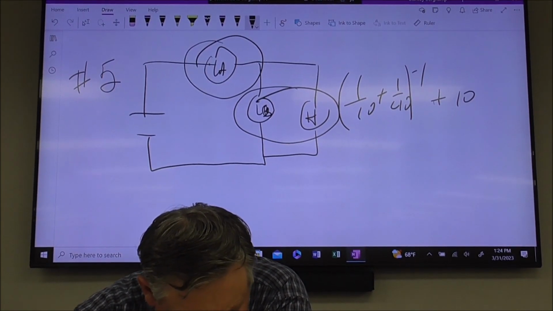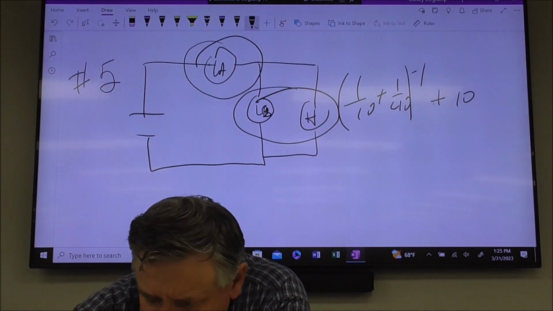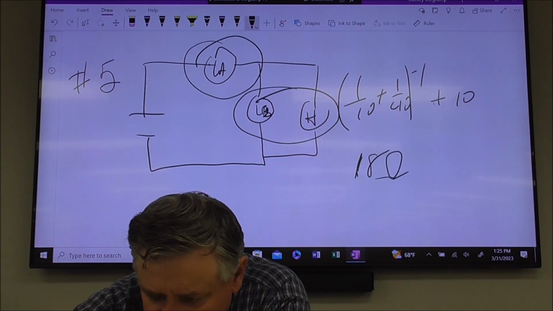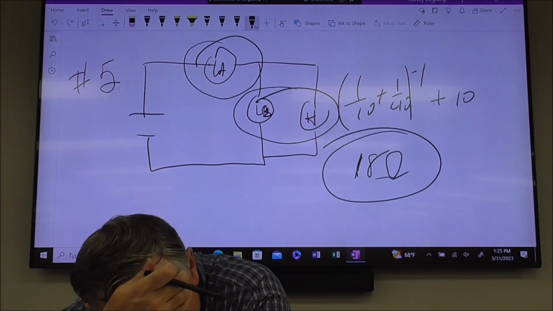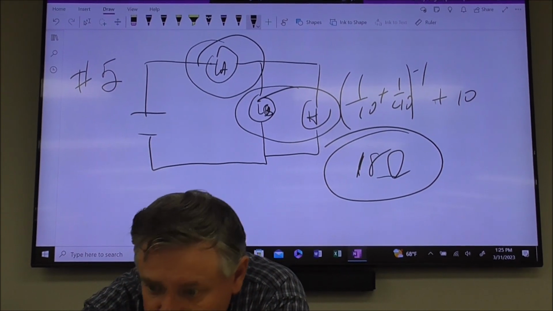Yeah, it's 18. That's 18 ohms. Okay, so there's the equivalent resistance of this whole thing going through there.